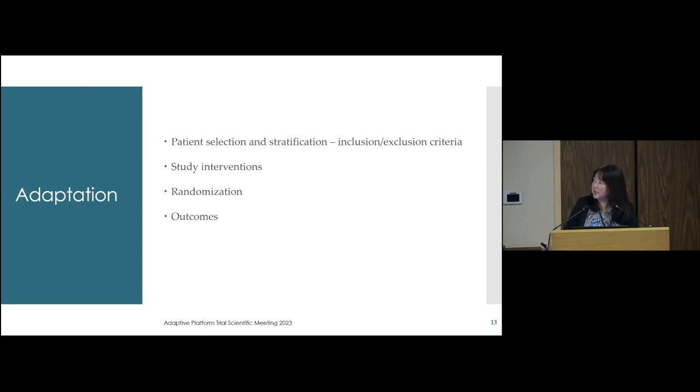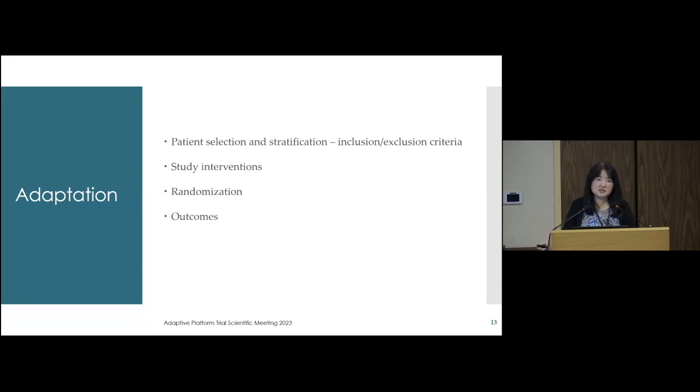You can adapt the randomization. If you know that one arm is working better, you can put more people into that arm. That's called response adaptive randomization.